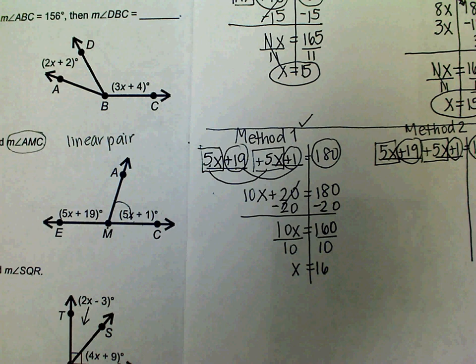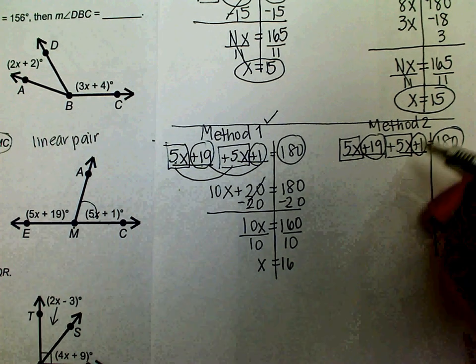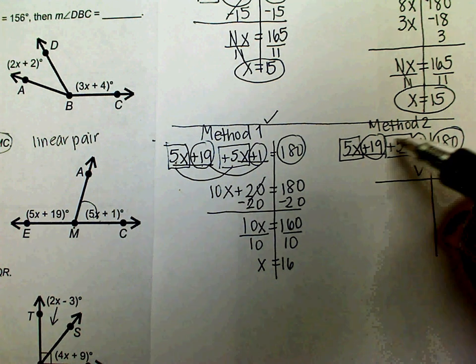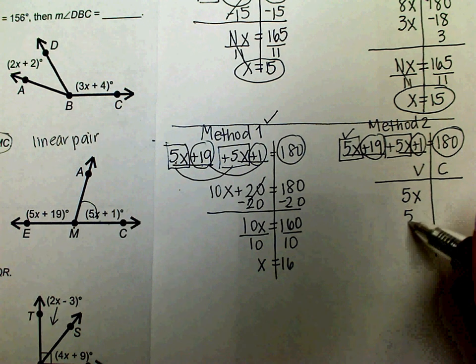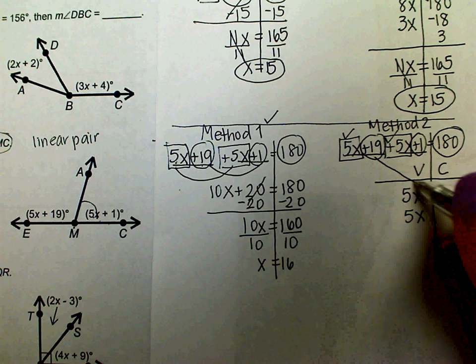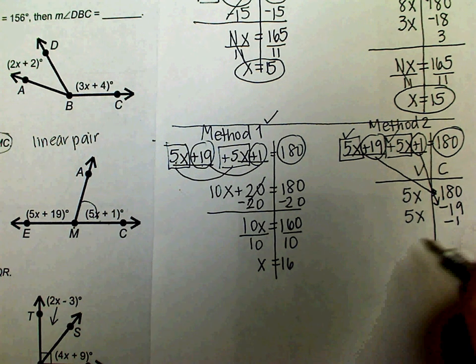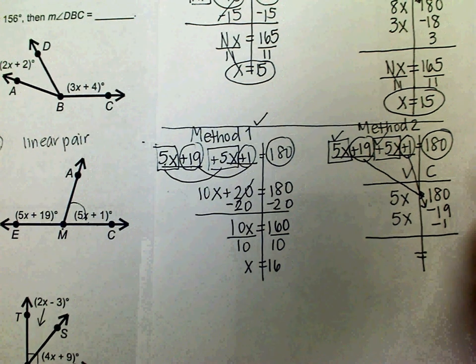So method number 2. So those of you that prefer that method, you write variable and constant here, and you create your bar. All the variables that are on this side, so we got a 5x, we got another 5x that are both positive. We got a 180 here. The 19 crosses over, becomes negative 19. The 1 crosses over, becomes negative 1. So then we got 5x plus 5x, that's 10x.